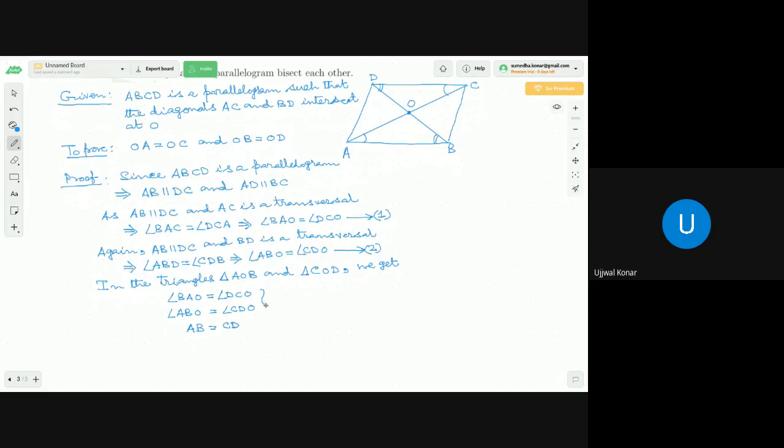Now, dear students, with these three pieces of information, can't we say these two triangles are congruent to each other by ASA congruency? So the triangle AOB is congruent to triangle COD by ASA congruence.